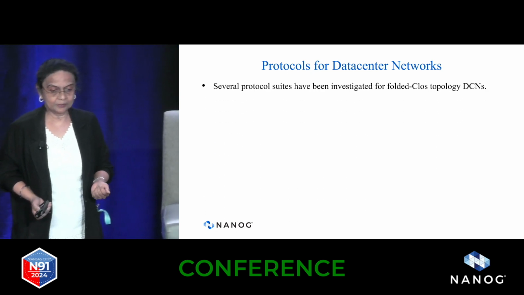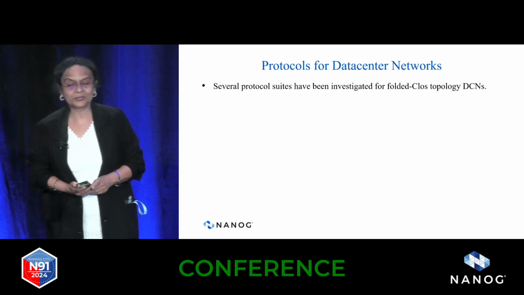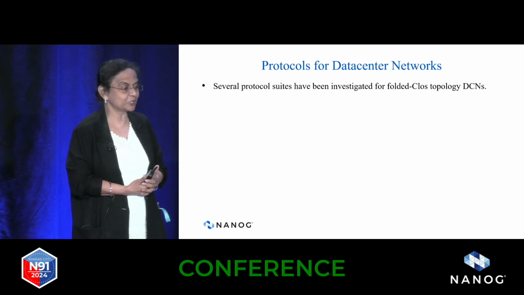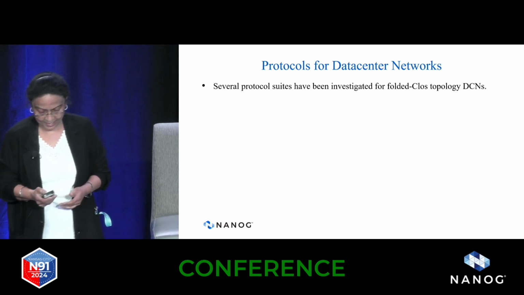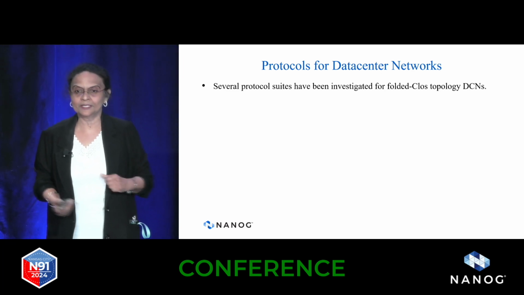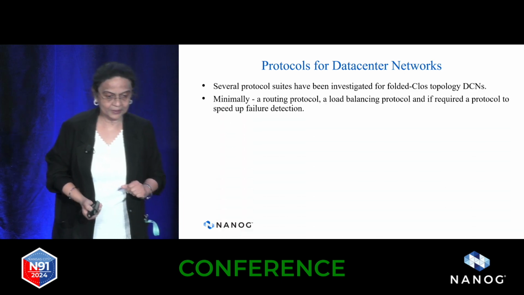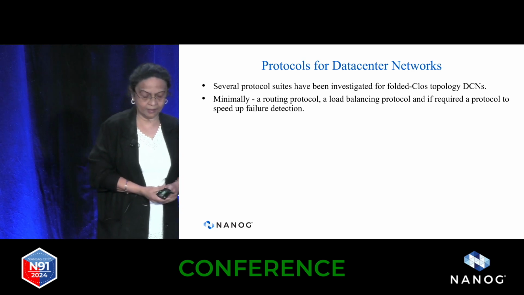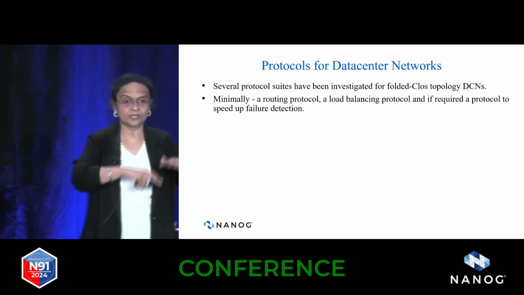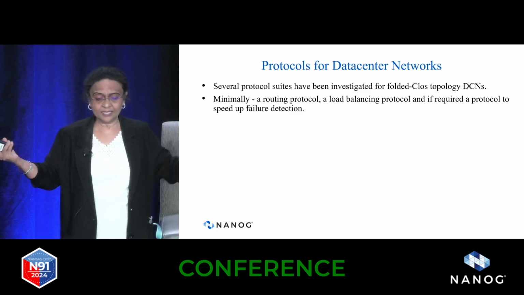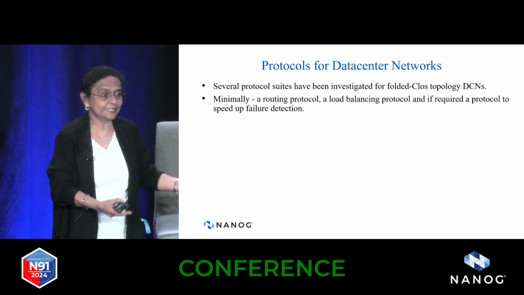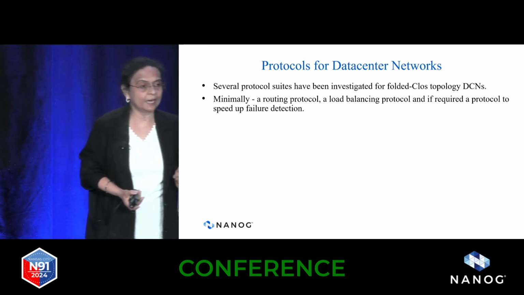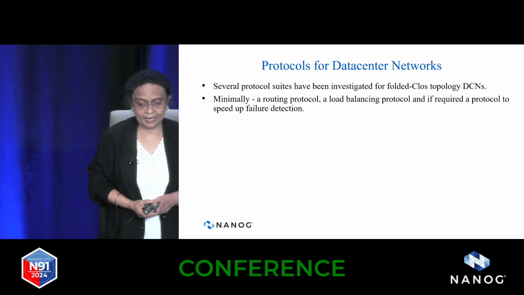Okay, so protocols for data center networks: going back to all the research that I did, there are numerous protocol suites that have been investigated out there. The most popular of those is BGP based. Minimally, in a data center network, you need a routing protocol, and because the Folded-Clos topology is a highly connected network, it is beneficial to use a load balancing protocol, and also you can quickly fall back to another path in the event a main path fails.